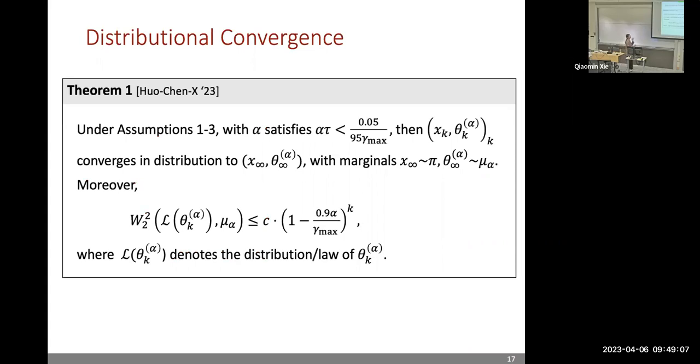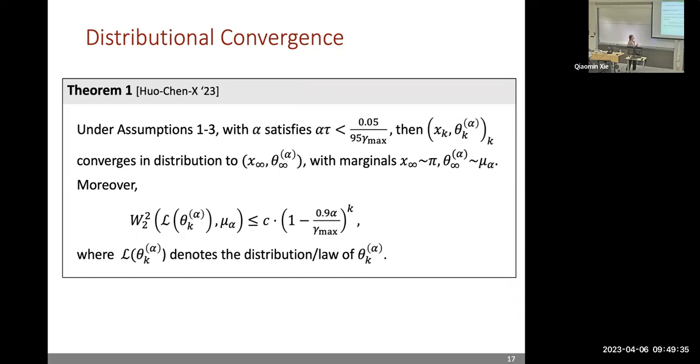Okay, so under the three assumptions we saw earlier, if we choose the step size properly, where tau corresponds to the mixing time of the Markov chain, let's generate the data. Basically, if we choose the step size small enough, then we can show the joint Markov chain of the xk sequence and the theta k sequence will converge in distribution to a unique limit independent of the initialization.